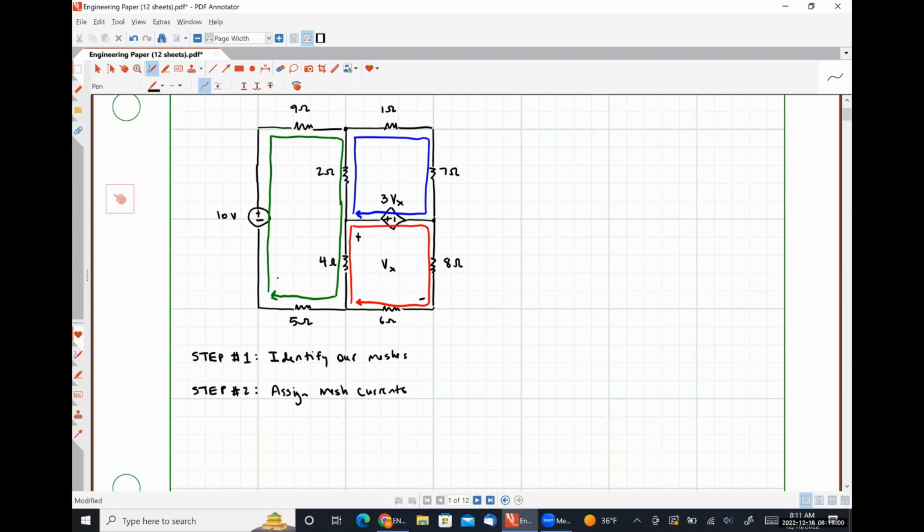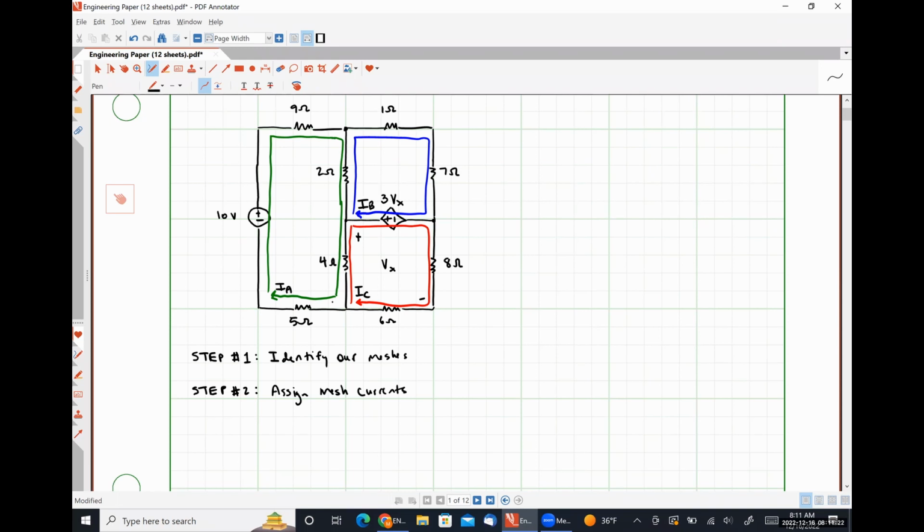So I could say that there is some mesh current IA flowing around this green path, some mesh current IB flowing around the blue path, and some mesh current IC flowing around the red path. Now back to what I was saying a moment ago. I'm not going to intentionally draw things out in this detail later on.